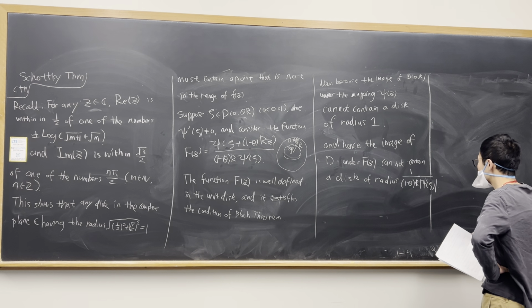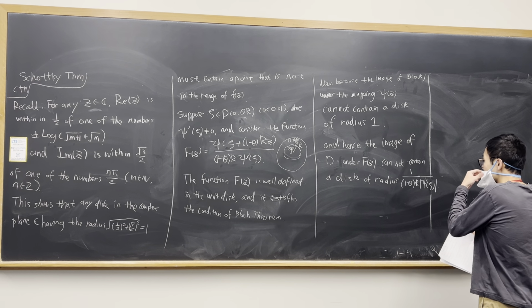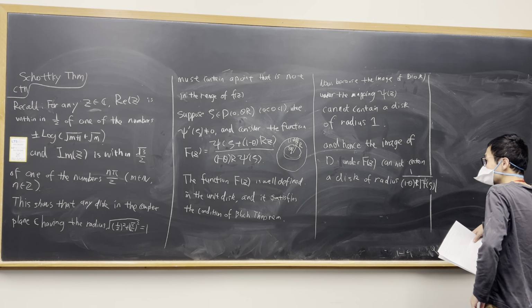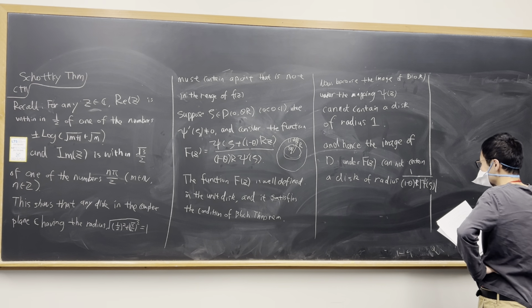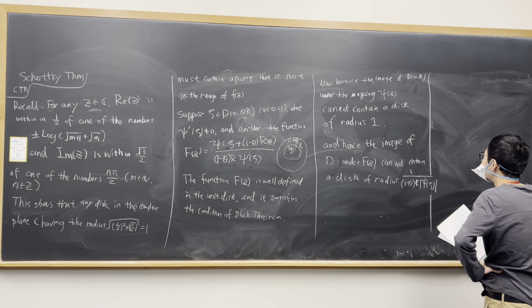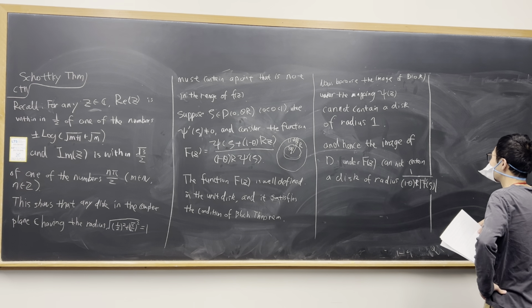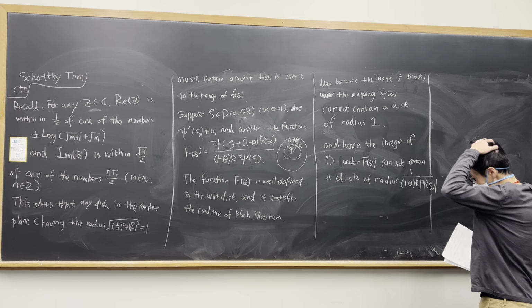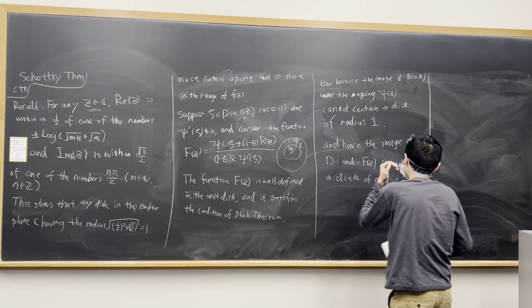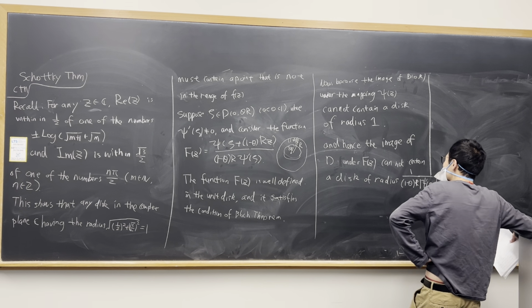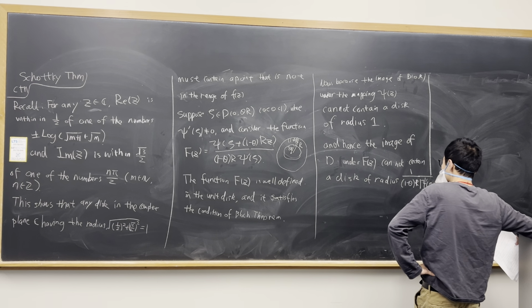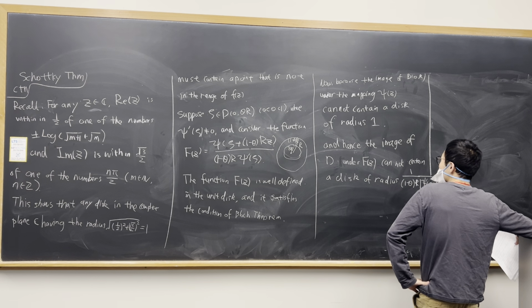Okay, let's see why it holds. So the image of D under f(z) cannot contain a disk of radius, yeah, why?